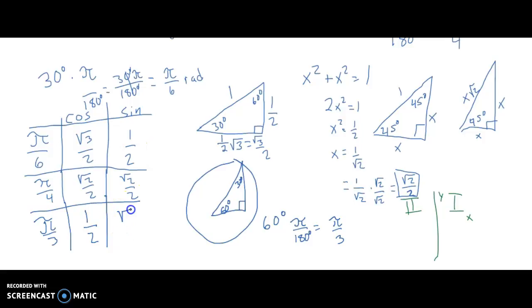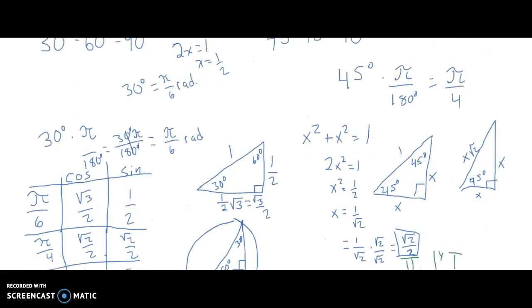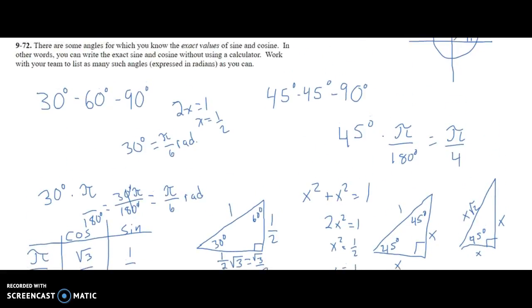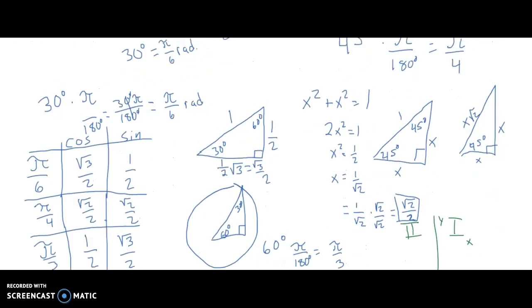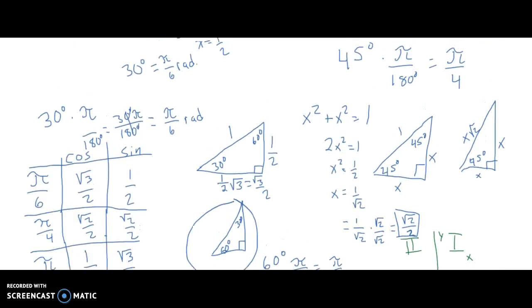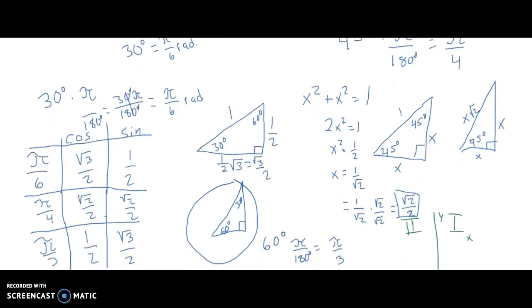Therefore, my y value down here will be the square root of 3 over 2. And so as far as writing some exact values for some angles, which we do know, this is what we can do. We didn't have to use a calculator. We did have to make some minor calculations, but none of those calculations needed a calculator.